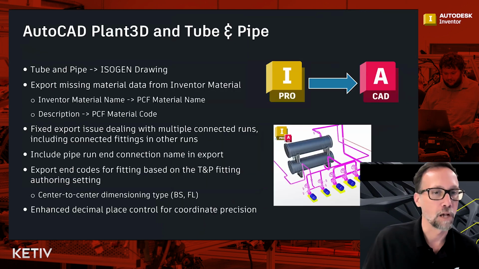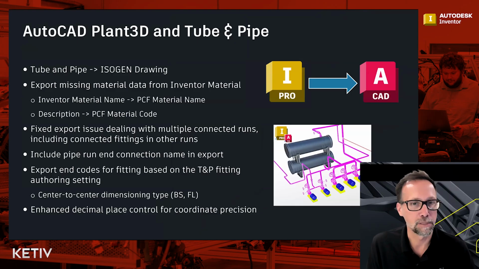And then there's also some interoperability enhancements between Inventor and AutoCAD Plant 3D. And remember that for those of you that have access or a subscription to the Product Design and Manufacturing Collection, I just want to make sure everyone knows that you have access to AutoCAD Plant 3D.